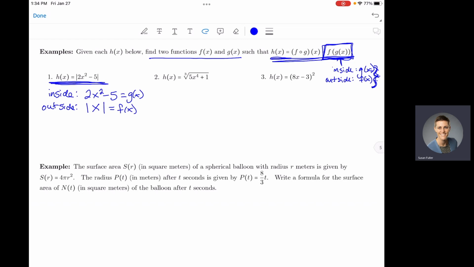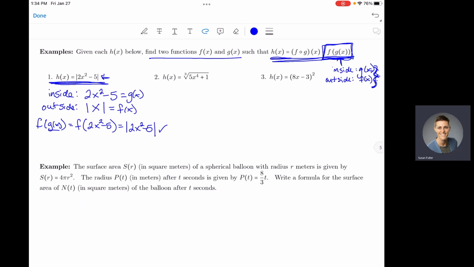Notice if we compose these and do f of g of x, I'm going to start by plugging x into g, and when I do that, 2x squared minus 5 will come out. Then I'm going to take 2x squared minus 5 and plug it in for f, and I will get the absolute value of 2x squared minus 5, which is what we started with. So I know that my functions are correct.